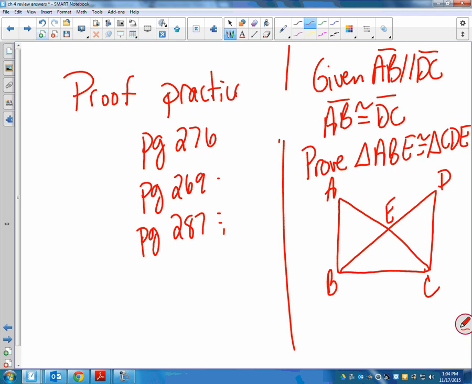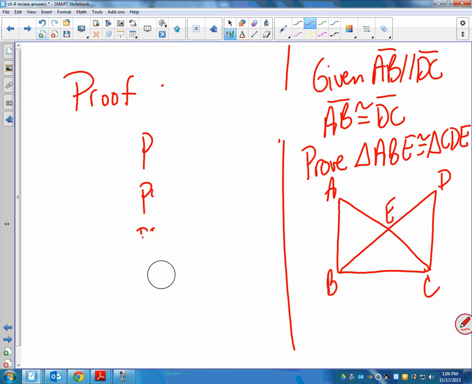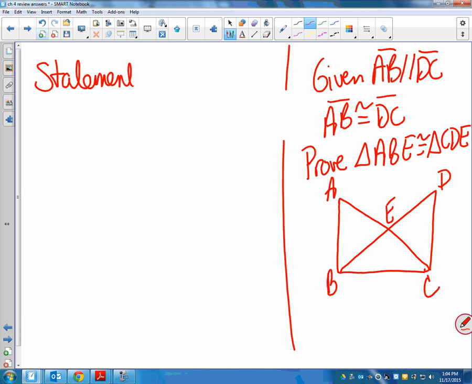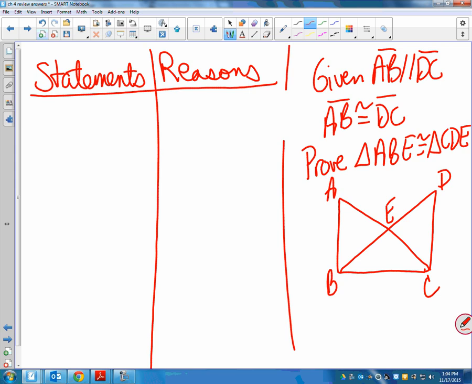Did you write this down? Are you going to do it on there? The great thing about your test is that you can write on it, right? You can draw on your picture.